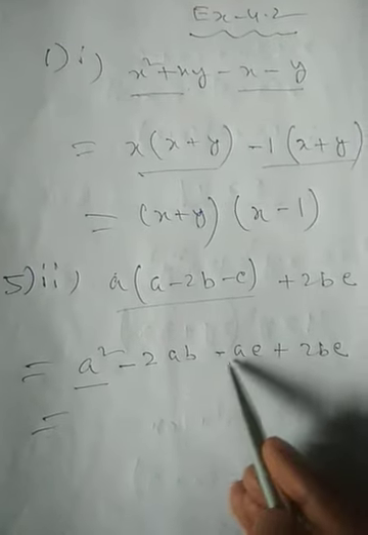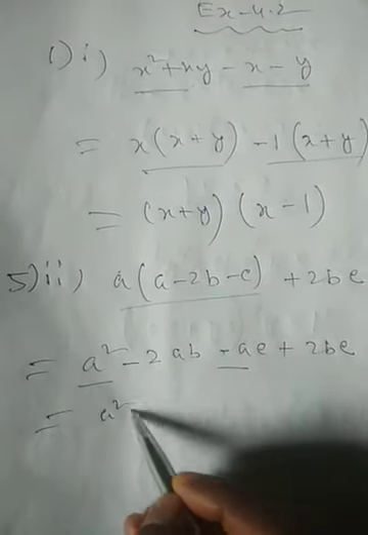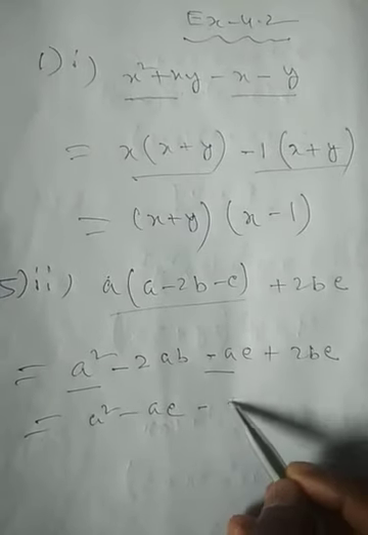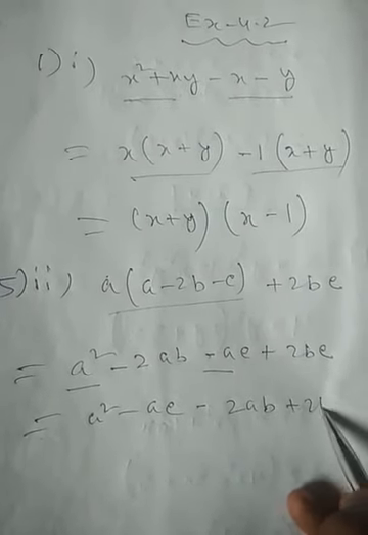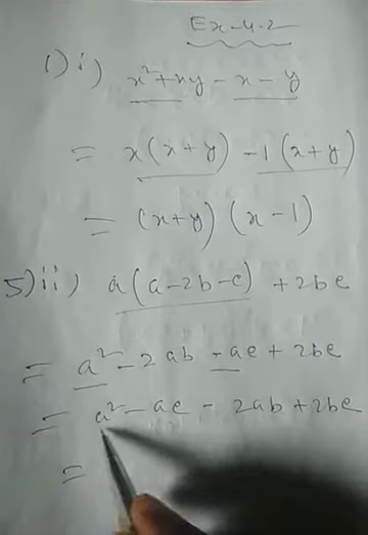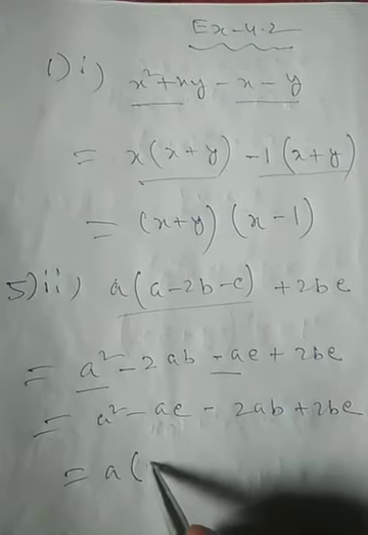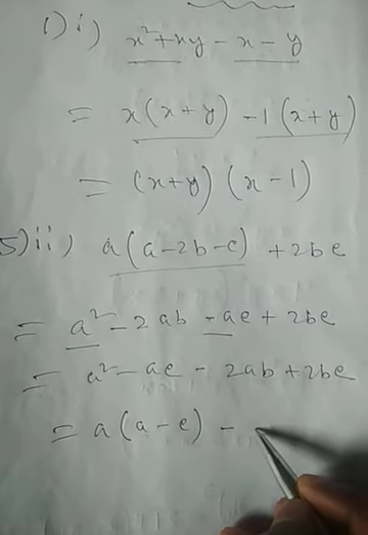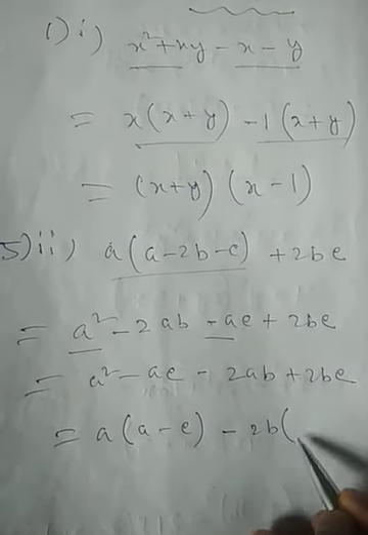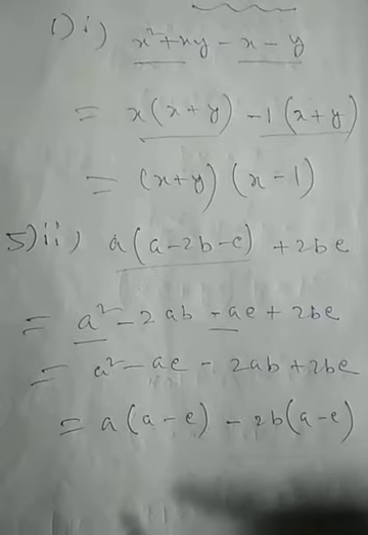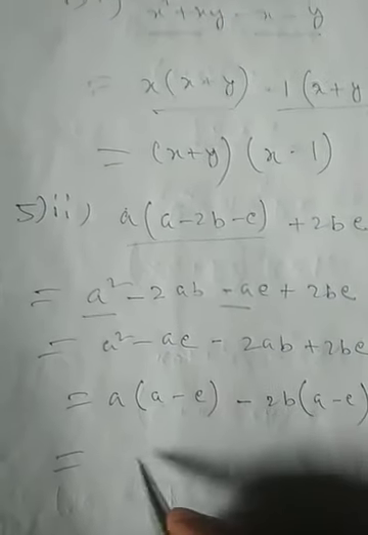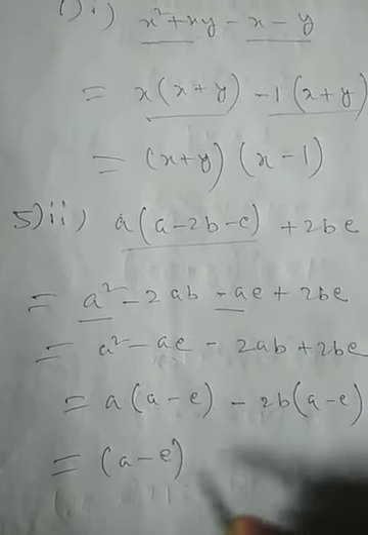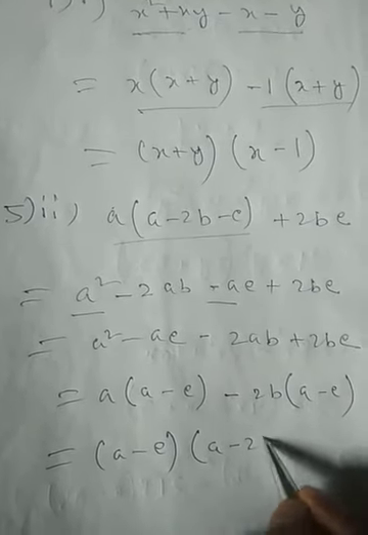Okay, I am arranging that. a square minus ac, and that one is minus 2ab plus 2bc. In a square minus ac, what is common? a, so here is left a minus c. Here common is 2b. Again here a minus c is left. Now in both terms a minus c is common. I have taken a minus c common. So what is left? a minus 2b.